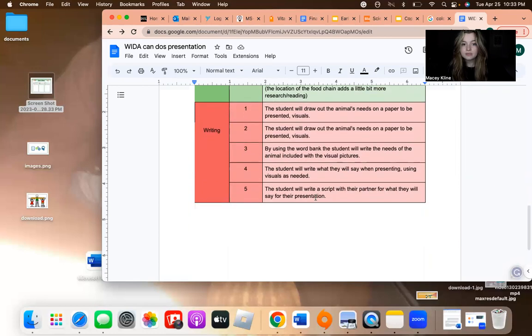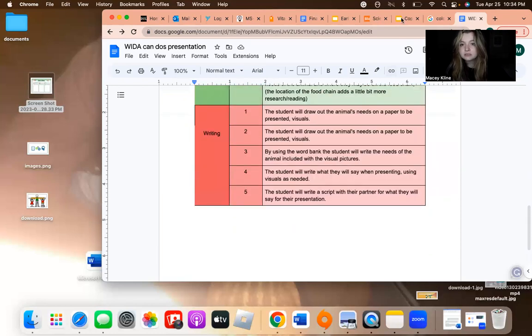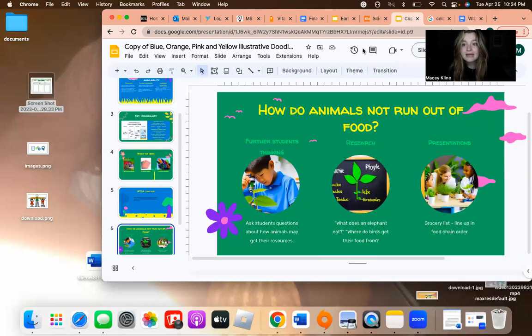Then, write the needs of the animal using the word bank, so pretty much writing down what is on the word bank for your animal. Then the student will write what they will say when presenting, like a script. With their partner, they'll write what they're going to say when they go up in front of the class. I figured that works best. I hope it works best.